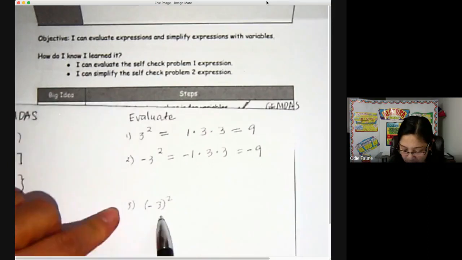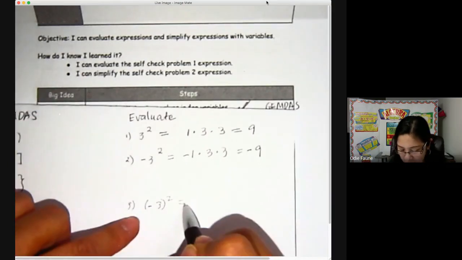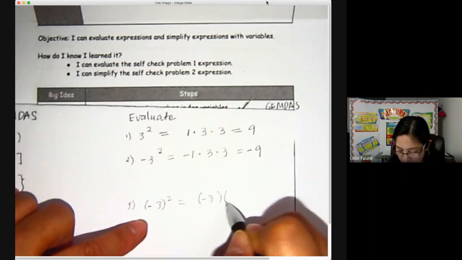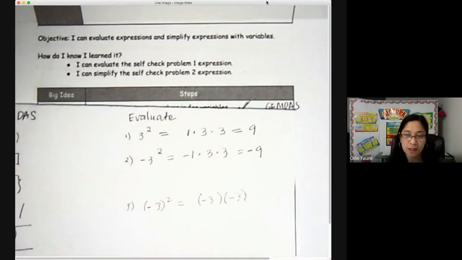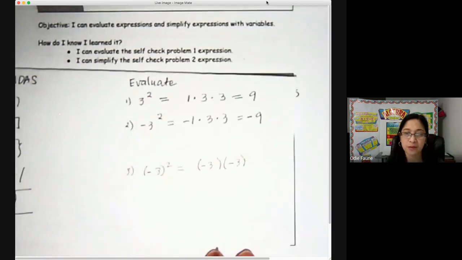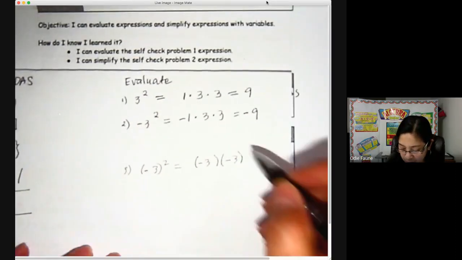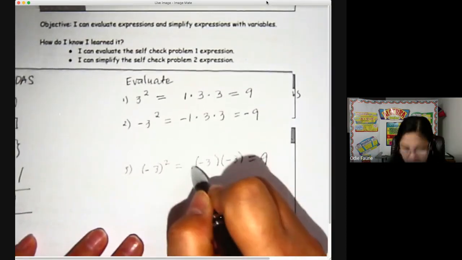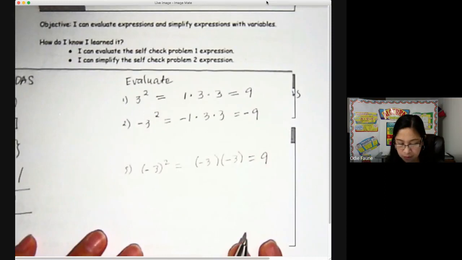While this one, when we expand, it's true there's a 1, but I don't need to write it anymore. It simply means negative 3 times negative 3. The negative 3 is enclosed, so we multiply negative 3 two times. So the answer here is positive 9. Though I can put a 1 there. There's an invisible 1. Okay.